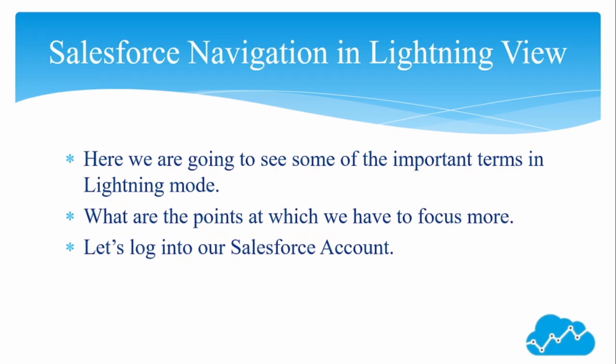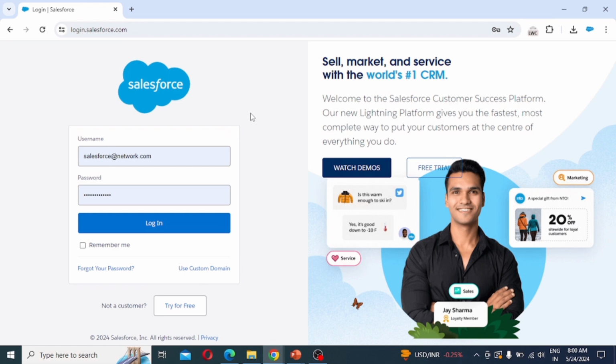So let's log into our Salesforce account. Open any browser, that may be Google Chrome, Mozilla Firefox, Internet Explorer, or any browser. In the URL, just type login.salesforce.com and here we have to provide our username and then password.